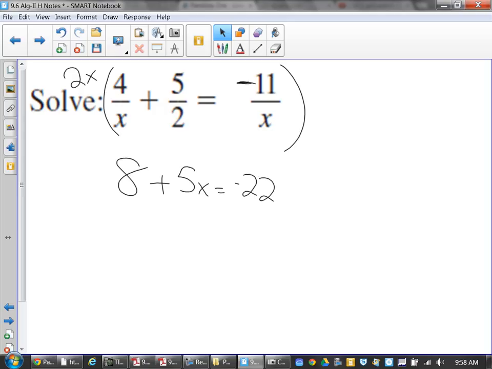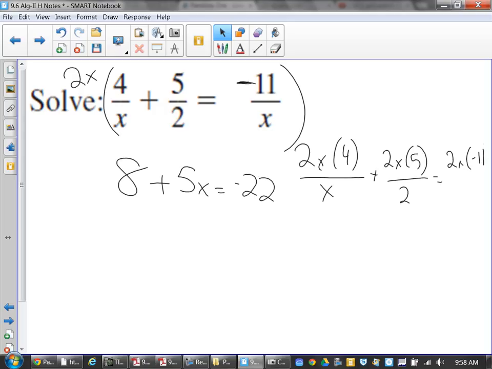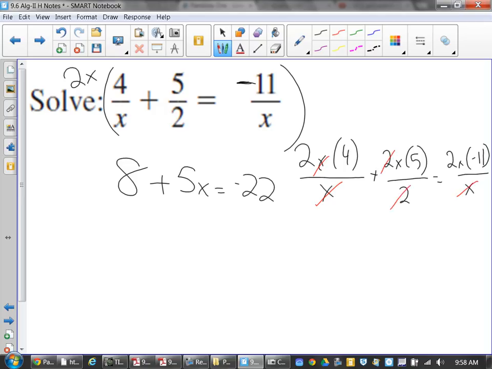Long way: you have 2x times 4 over x plus 2x times 5 over 2 equals 2x times negative 11 all over x. Going the long way, you just have to start simplifying. But how do you get rid of the denominator in the first one?